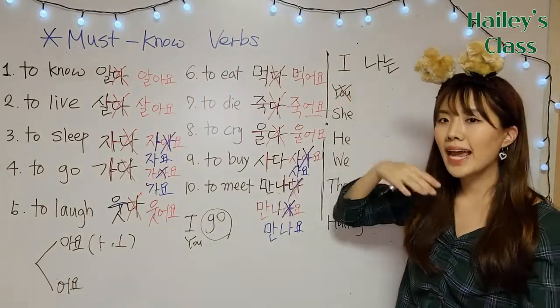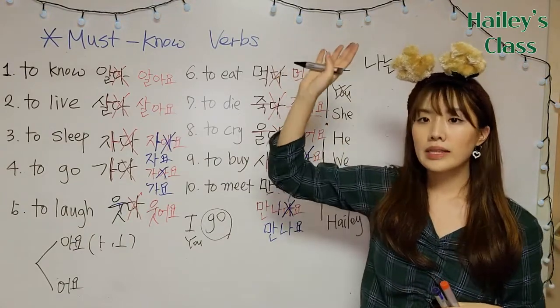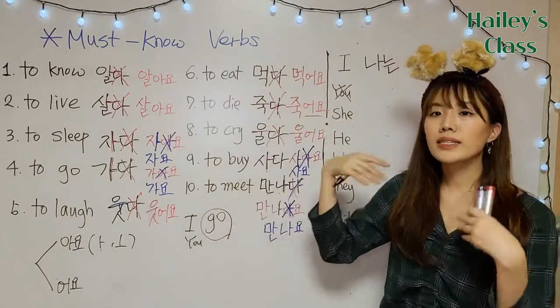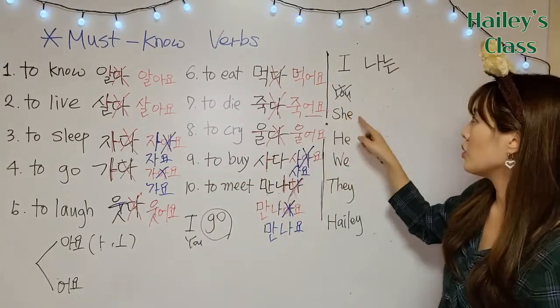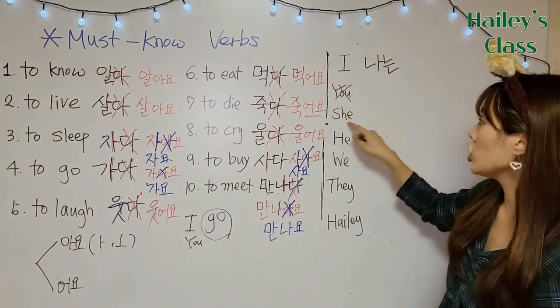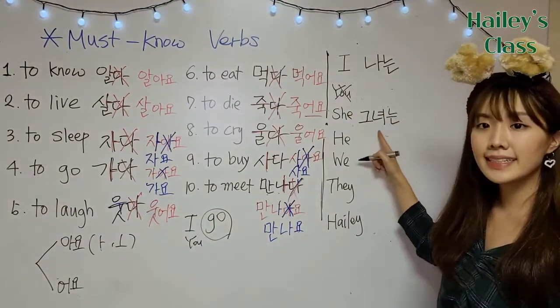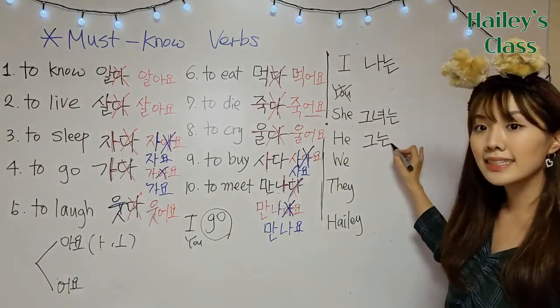So we don't use you. We say other words instead, like their names or their jobs. We don't use you that much. Okay? So let's delete you. And she is 그녀는. And he is 그는.